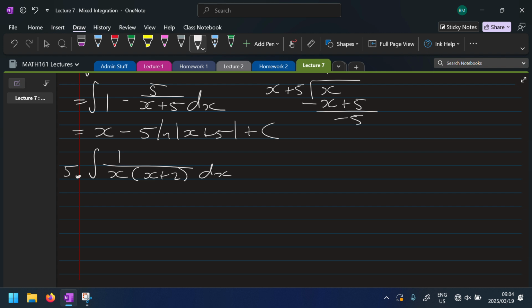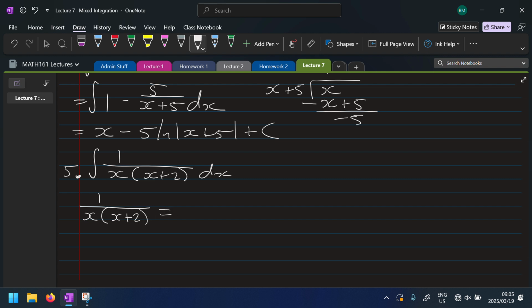So we have 1 over x plus 2. Again, partial fractions. We've got some polynomial at the bottom. Also, it's factored. It's factored for us. So we skip step 1, we skip step 2. We can go straight into the decomposition. So this is going to be 1 over x times x plus 2.